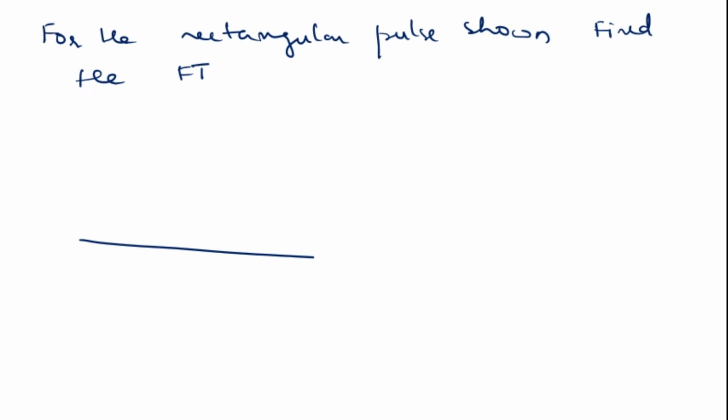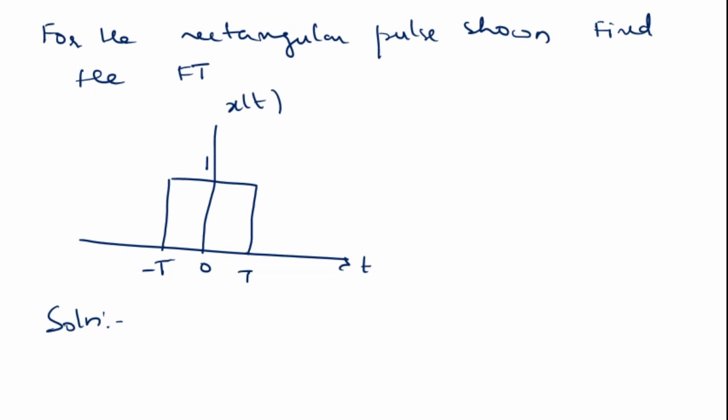So this is the pulse given, x of t, 0, minus T and plus T, this is 1. So from the given pulse we can write x of t is equal to 1, where t varies between minus T to plus T, and 0 otherwise.